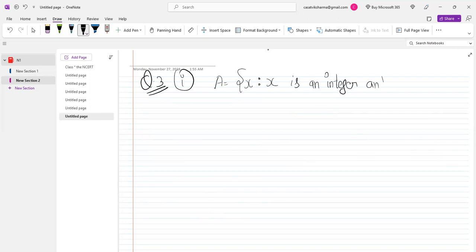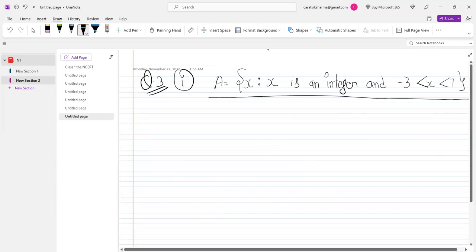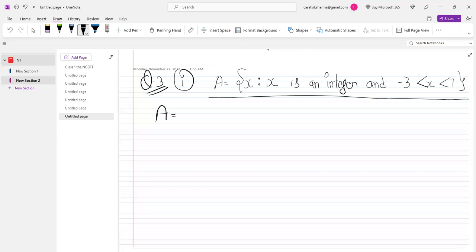x is an integer and -3 < x < 7. So what basically is a set builder form? Set builder form tells you: A, and the curly bracket implies the set of all this element x.